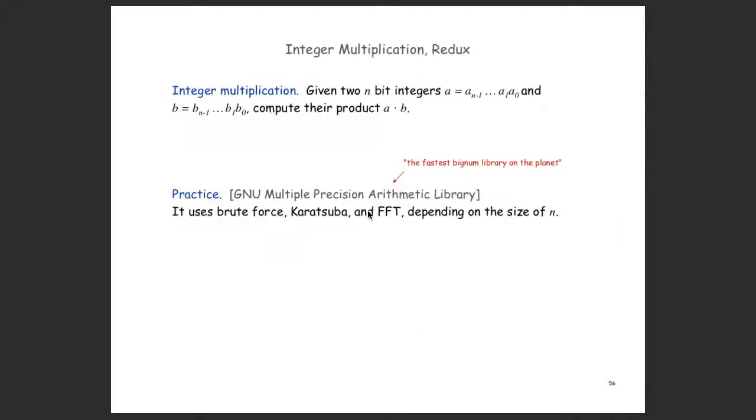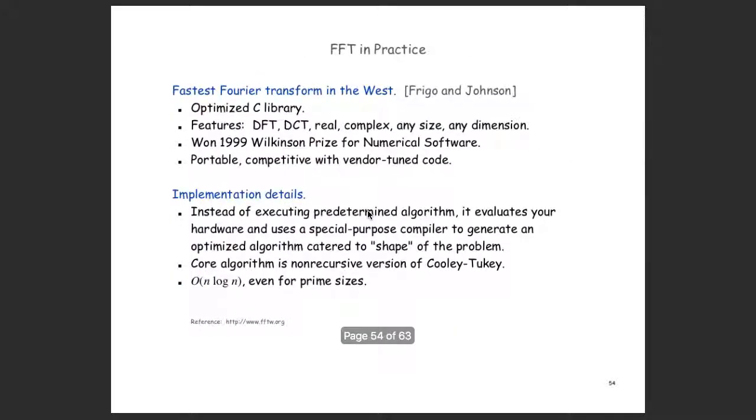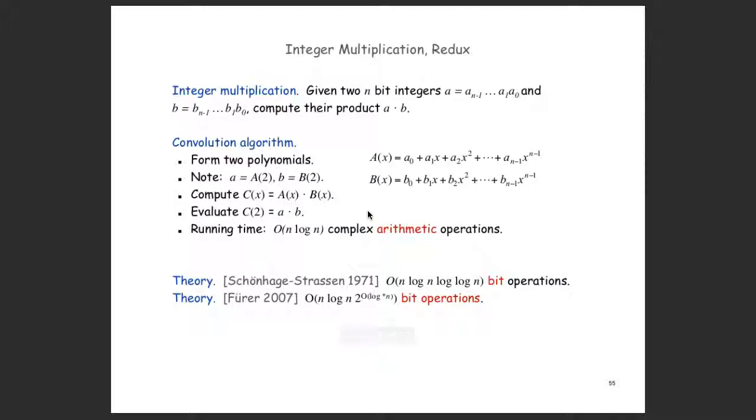We saw integer multiplication, and we can do kind of like a fast Fourier transform on it.